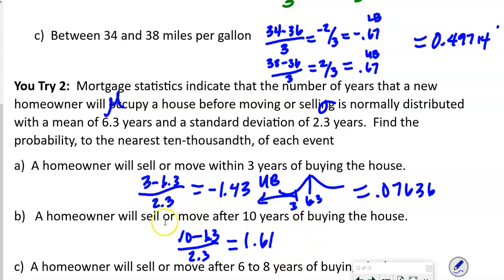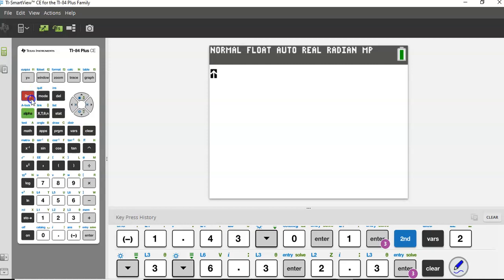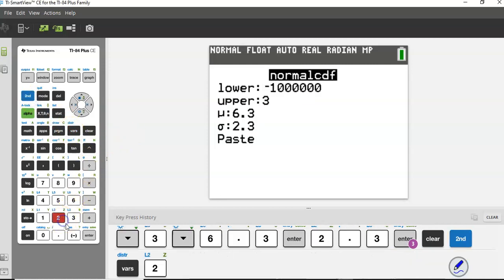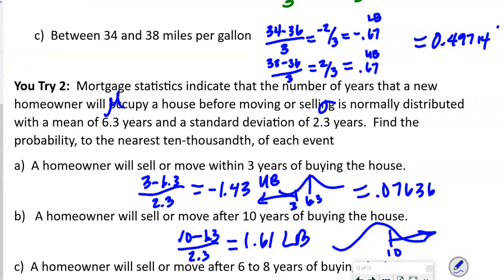And it says sell or move after 10 years. So that means here, if we got 10 years here, we're going that direction, right? So now this is going to be our lower bound and our upper bound is going to be 1 million. Once again, second, and we're looking for our distribution here, right? Choose number 2, enter. Okay, so this time our lower bound was 1.61, right?